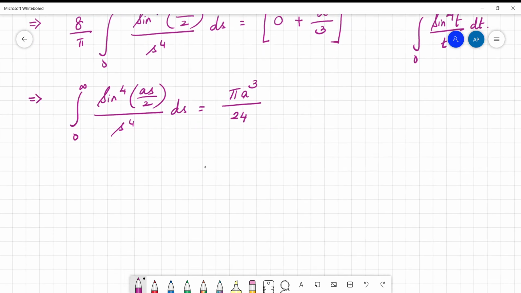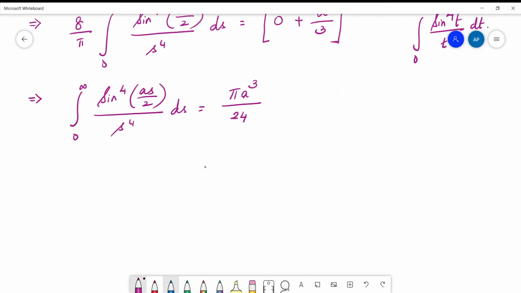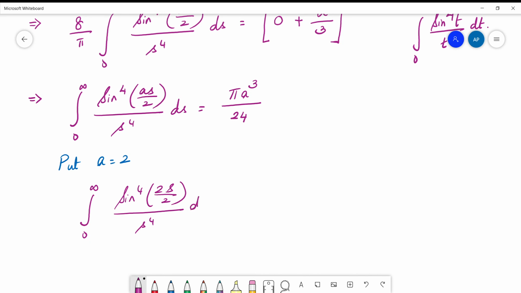So I will substitute a equal to 2. So let me put here a is equal to 2 so that the integral now becomes integral 0 to infinity sine power 4 of 2s divided by 2 by s power 4 ds, which is equal to pi into, here I am substituting 2, 2 cube divided by 24.